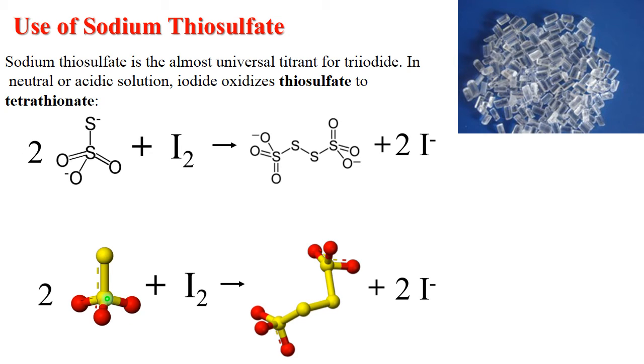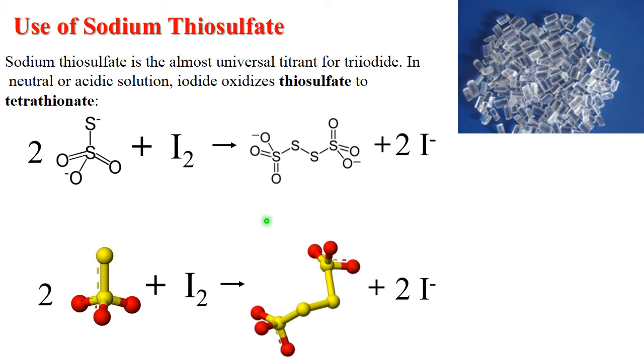One of them is central, another is different. It's terminal. So this is 6 plus sulfur, this is 2 minus sulfur. It reacts with iodine, making a sulfur-sulfur bridge, like here, and two iodide ions.